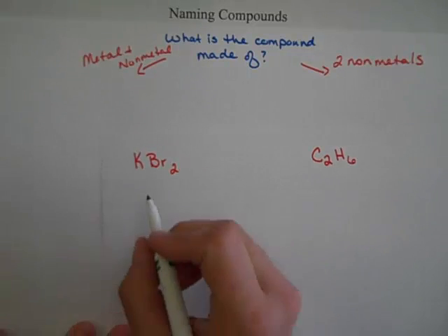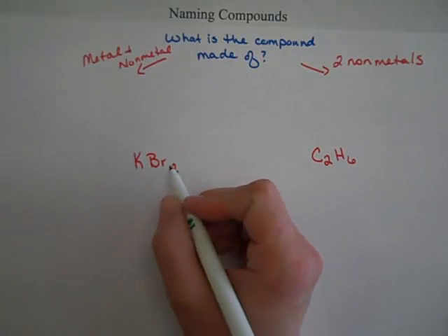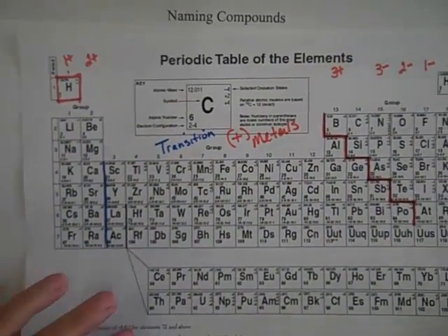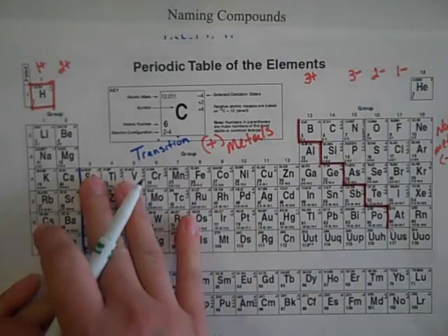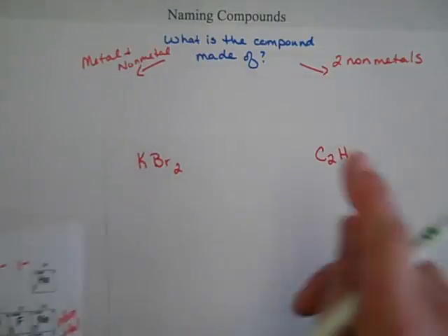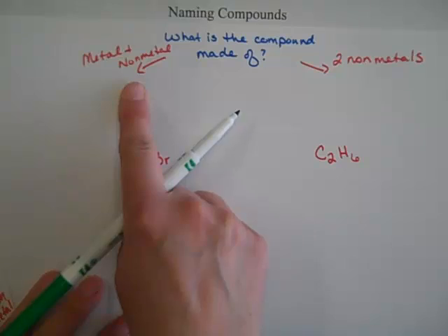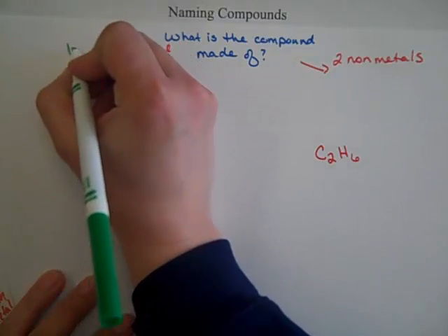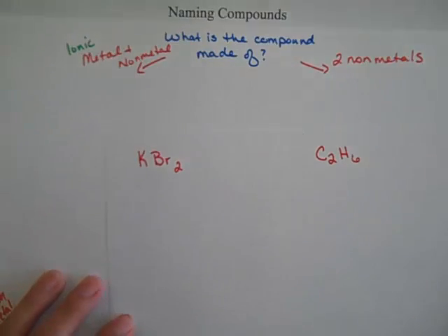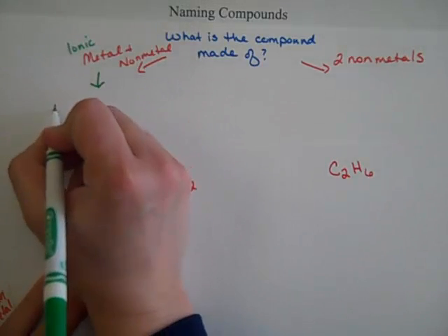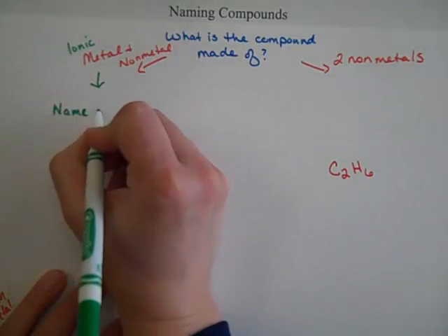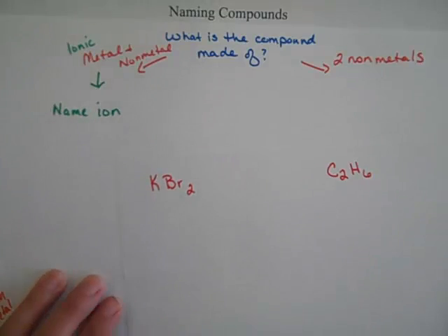This first one has potassium and it has bromine. If we bring our periodic table back, we can see that potassium is on the left of this stair-step line and bromine is on the right. So this is a metal and a nonmetal, which means this is an ionic compound. When we talk about an ionic compound, all we have to do really is name the ion. So the second step in that, let's name it.